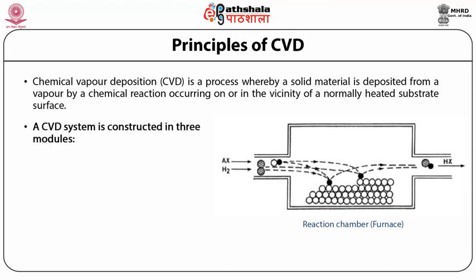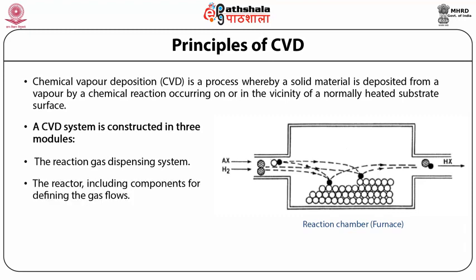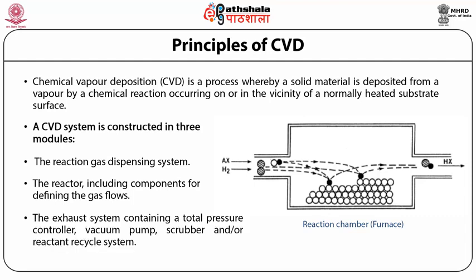A CVD system is constructed in 3 modules: first, a reaction gas dispensing system; next, a reactor including the components for defining the gas flows; and thirdly, the exhaust system containing a total pressure controller, vacuum pump, scrubber and/or reactant recycle system, as shown in this figure.